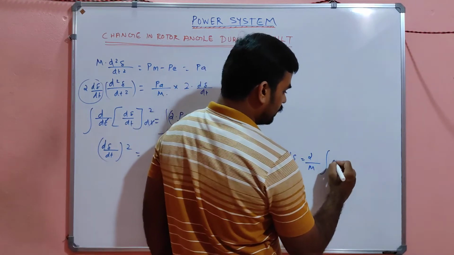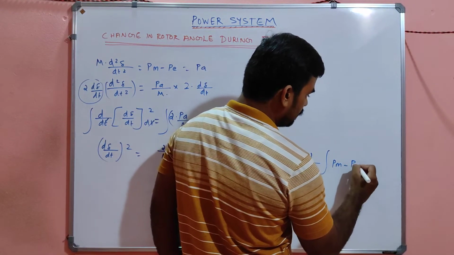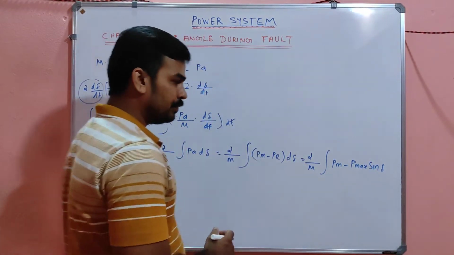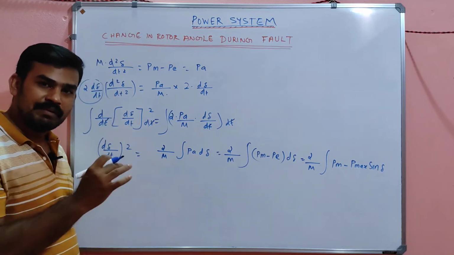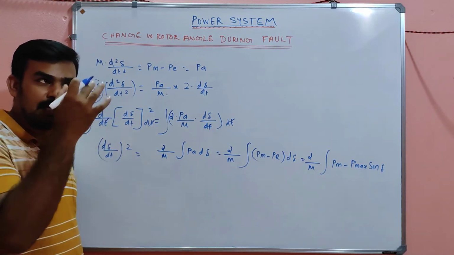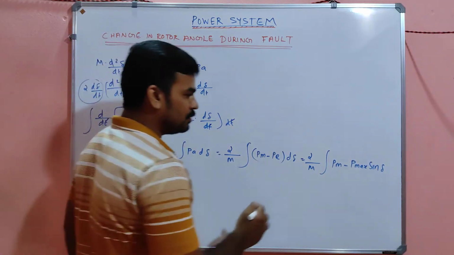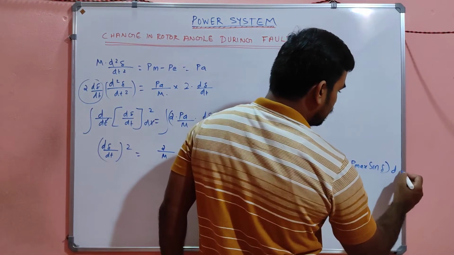Pm is the mechanical power input, and P is EV divided by X into sin del, where EV by X is nothing but P max. So it can be written as P max sin del d del.